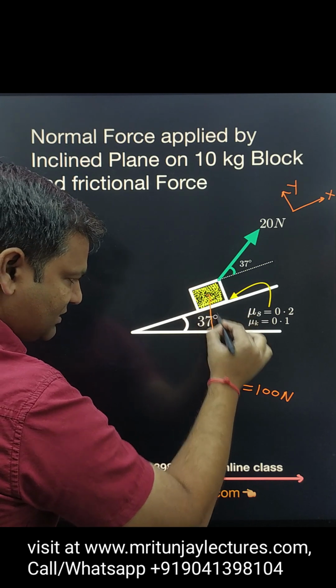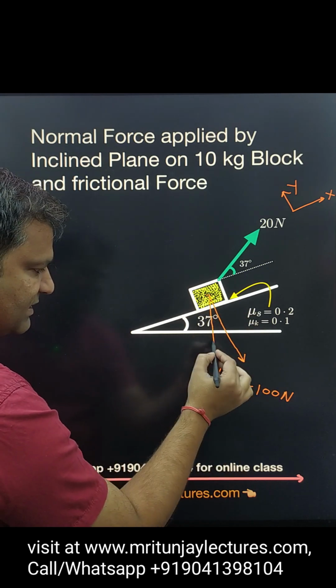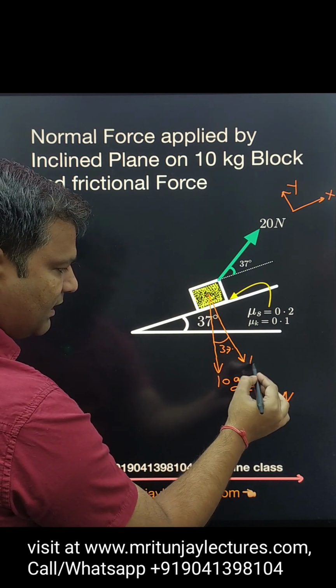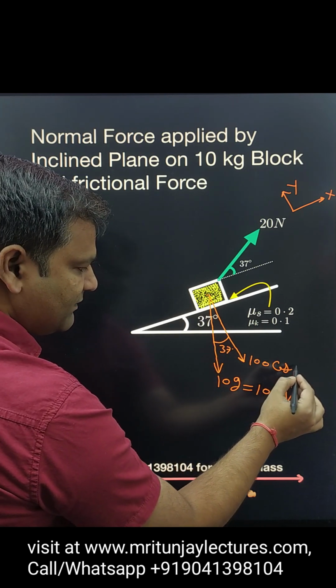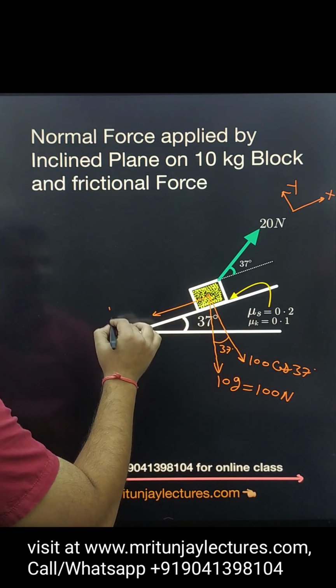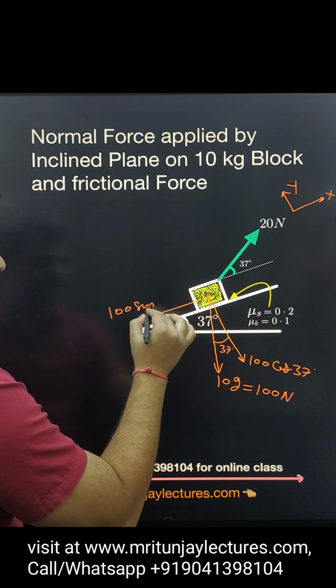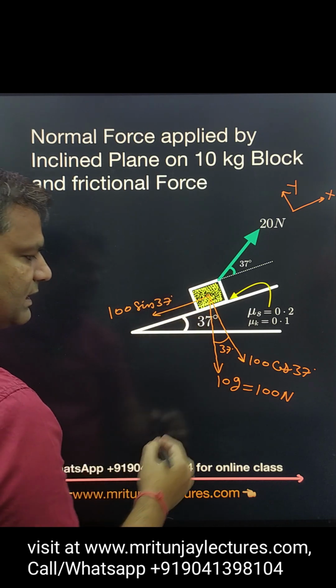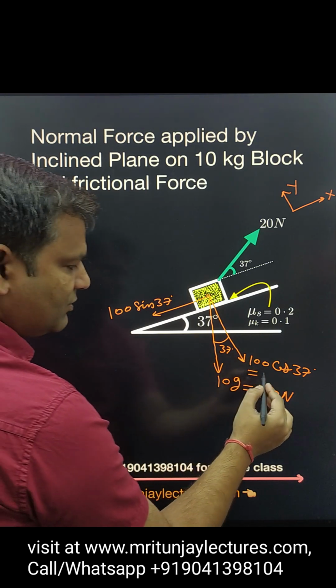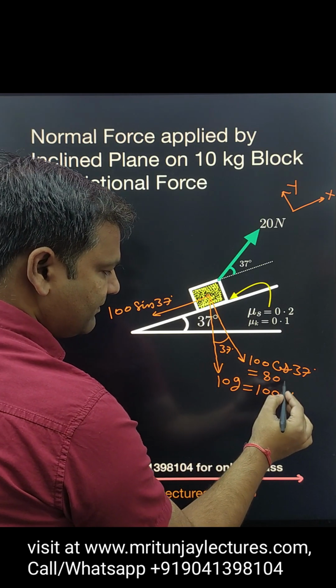So in the capital Y direction, looking here, if this one is 37, then that one is also 37. So here 100 cos 37, and another component, that is 100 sin 37. Okay, cos 37 is 0.8, so 0.8 into 100, that's 80 Newton.